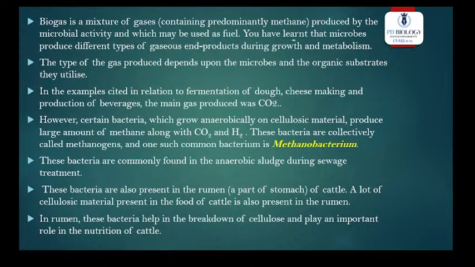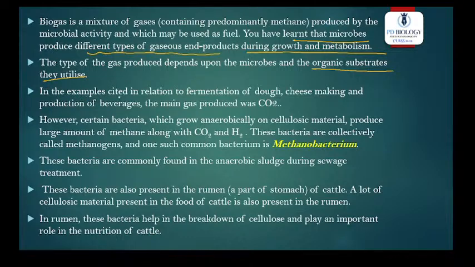You have learned that microbes produce different types of gaseous end products during growth and metabolism. The type of gas produced depends upon the microbes and the organic substrate they utilize.